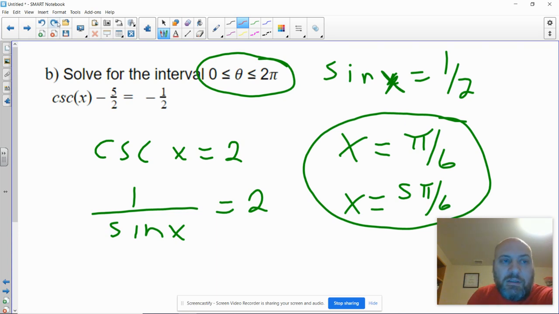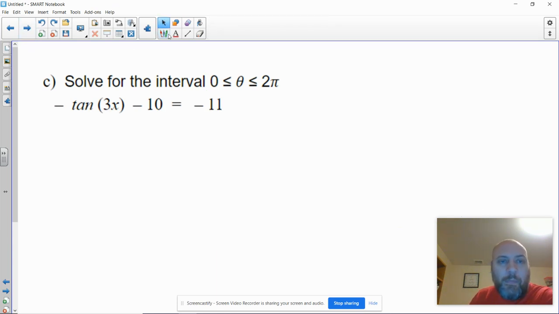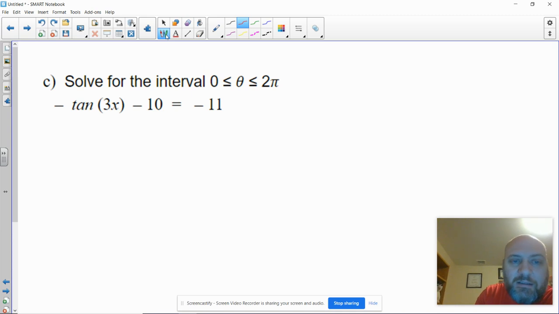And let's take the last one, the tangent problem. Again, I have an interval of 0 to 2 pi, but I need to use algebra to simplify and isolate the tangent of 3x.